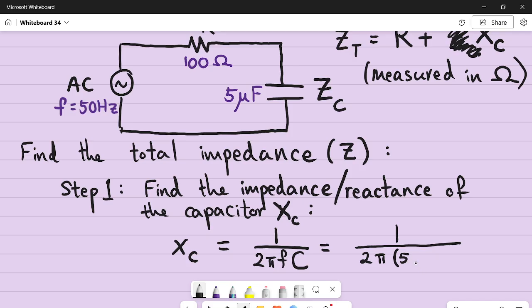I don't write the times sign at this level. So 50 hertz multiply by, and this is where a lot of you score low marks because you ignore the fact that it's micro. You must use SI units. So it's 5 times 10 to the power minus 6, guys.